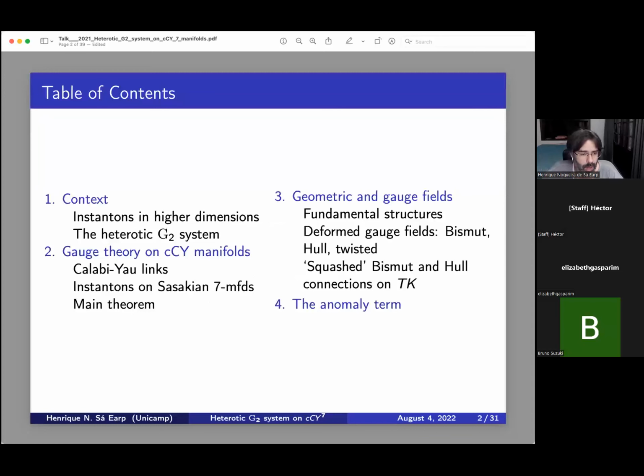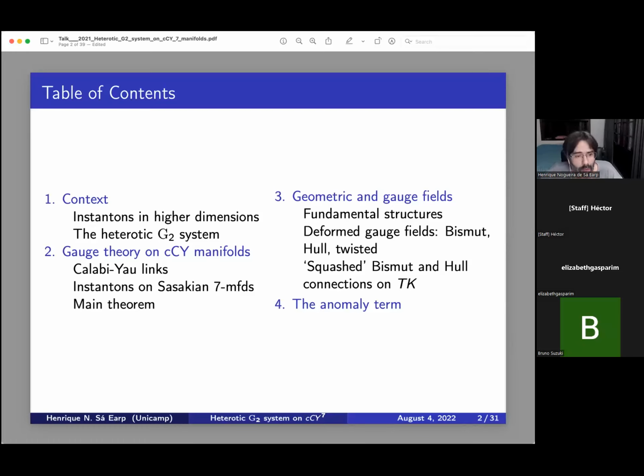The heterotic G2 system is a system of relations between various degrees of freedom of various natures, which correspond to geometric fields on the manifold, tensor related information, but also a gauge bundle and connections on a gauge bundle satisfying a number of constraints.